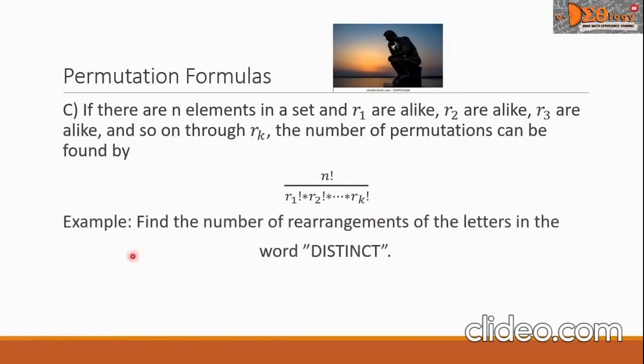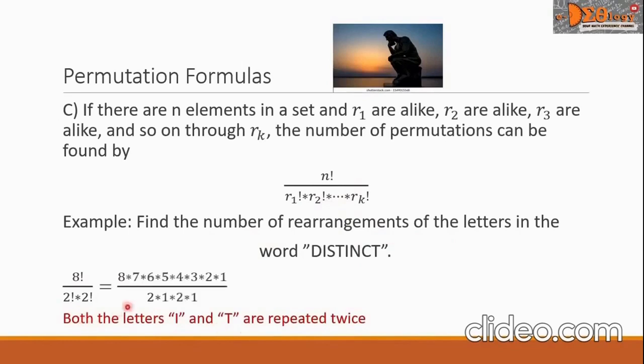Let us have an example. Find the number of rearrangements of the letters in the word distinct. So using this formula, we will write here 8 factorial because the number 8 comes from the number of letters of the word distinct. Now in the denominator, we have 2 factorial times 2 factorial because both the letters I and T are repeated twice.